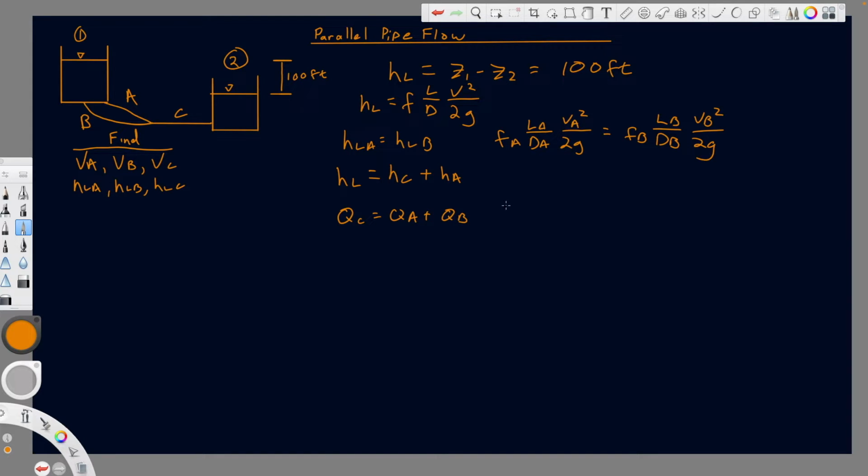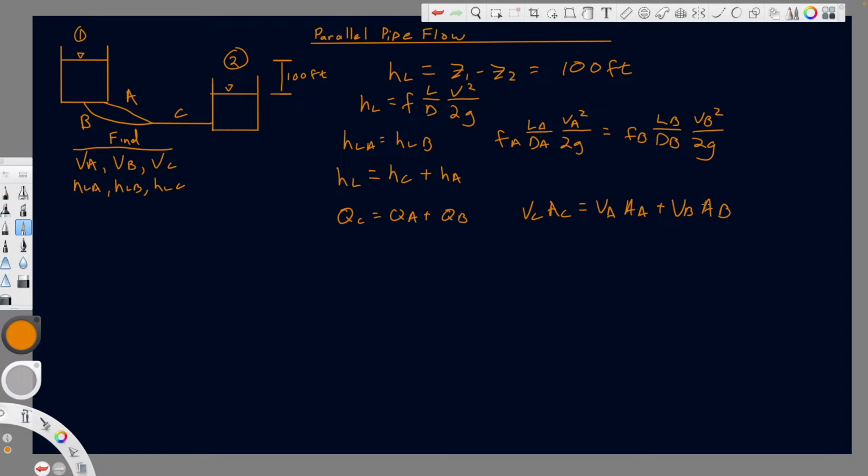And because of continuity, that means VC AC equals, it's a lot of letters to keep straight here, hopefully I don't make a mistake, velocity in A times area of A plus velocity of B times area of B. Yep. And that's just because velocity times area is a volumetric flow rate, right? So again, if we know the pipe characteristics, we know the area.